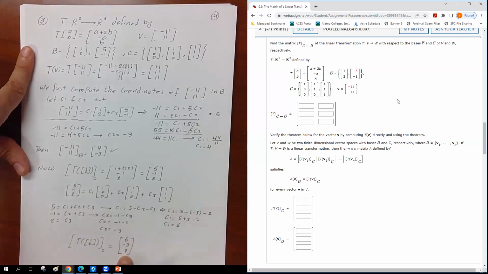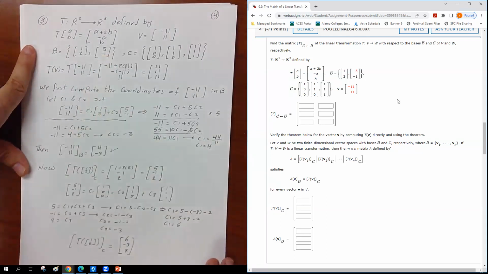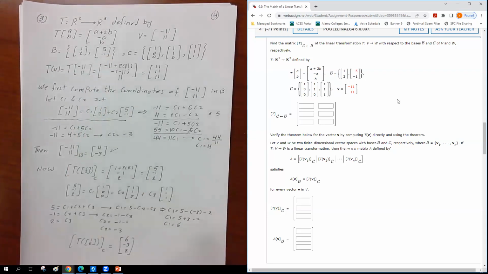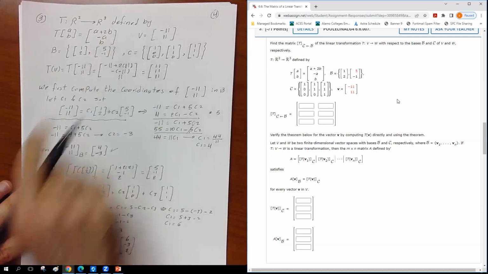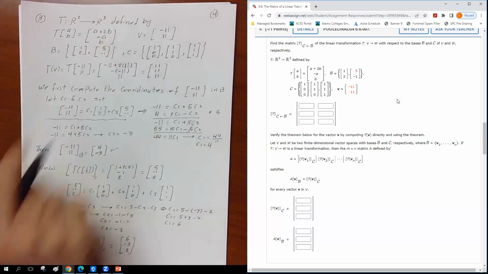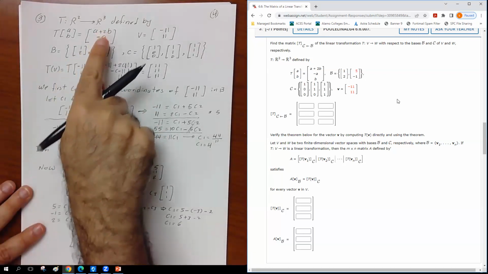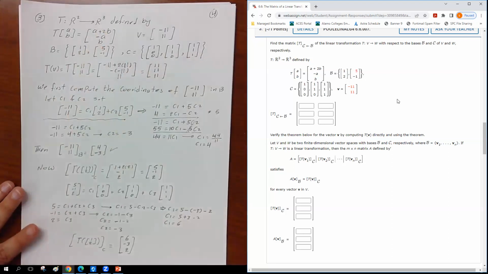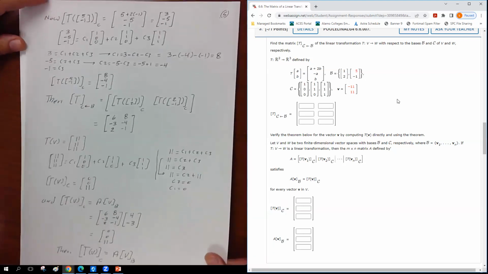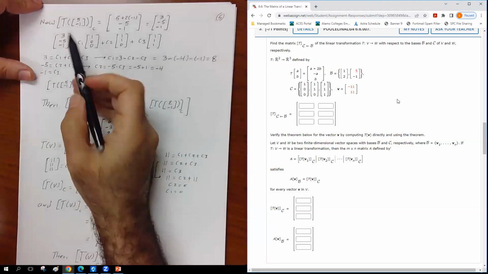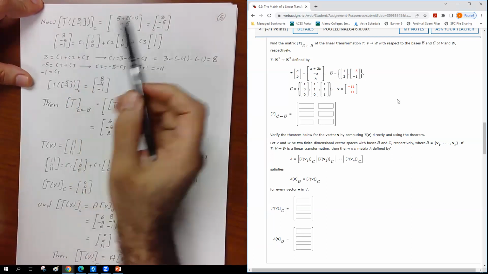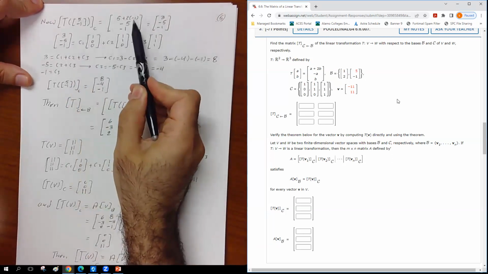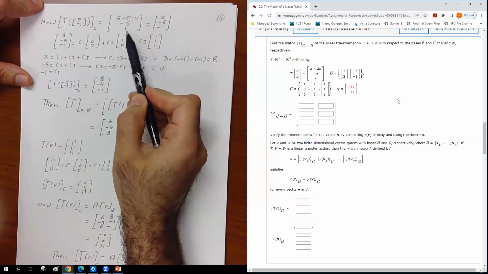We're going to do the same thing with the second column, (5, -1). So we're going to plug in (5, -1) here to find the transformation, and then I need to find the coordinate vector by writing down the transformation as a linear combination from the base C. So we're going to do exactly the same steps. The transformation of (5, -1) is going to be 5 plus 2 times -1, and -5 and -1.